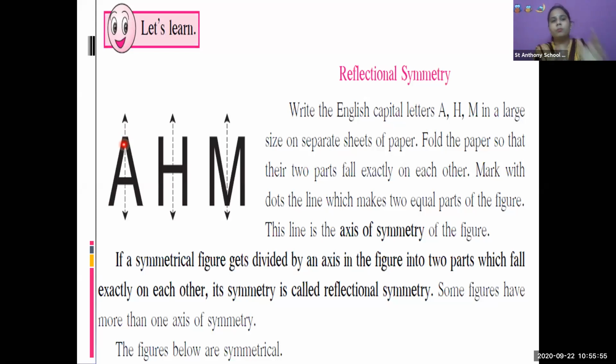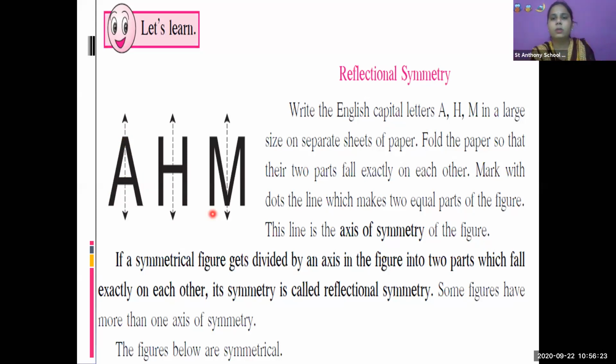These two parts of A, this part and this part, fall exactly on each other. When you fold that paper, this A gets divided into two equal parts. And when you open that fold, just draw a dotted line on it.